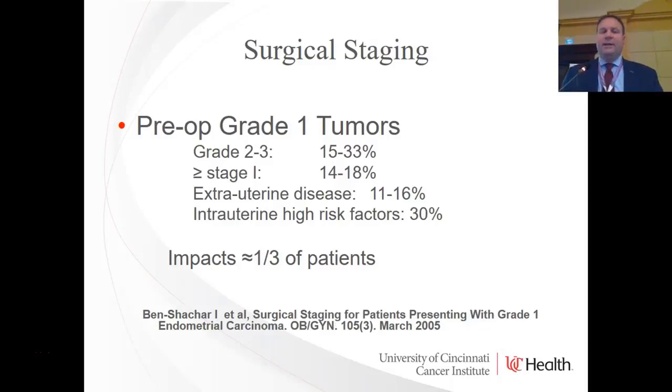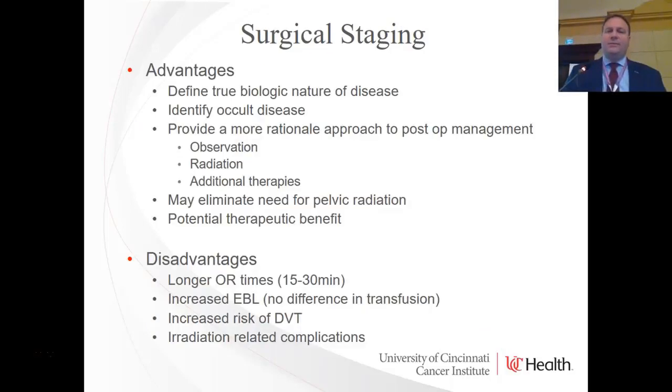So we do generally, at our institution, still favor staging grade 1 tumors. Other advantages to staging: identifying occult disease, providing a more rational, evidence-based approach to postoperative management. You may eliminate the need for pelvic radiation therapy by knowing the status of the lymph nodes. The potential therapeutic benefit is certainly debatable.